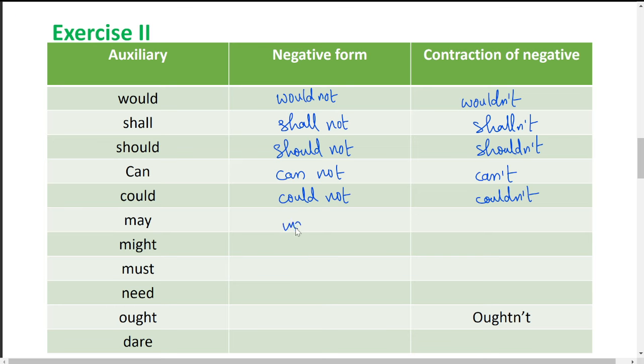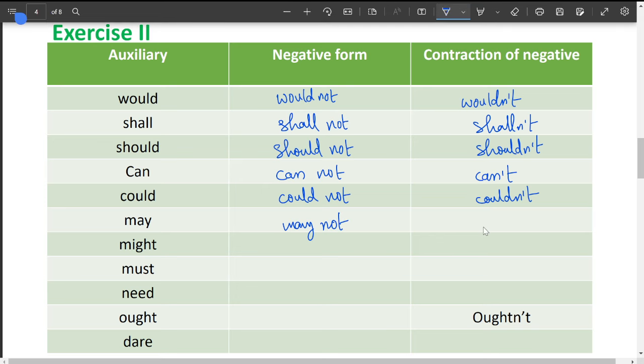Next, may changes to may not, and the short form you can pronounce as the same one, may not. Next, might changes to might not, and the short form has the same pronunciation, might not. Next, must changes to must not, and the pronunciation must be mustn't.